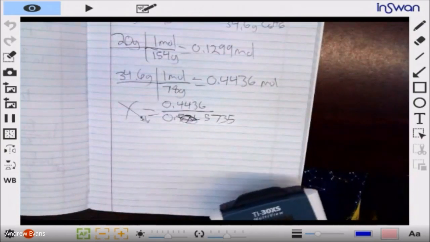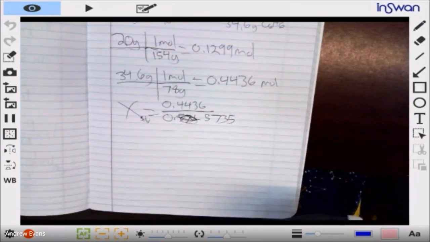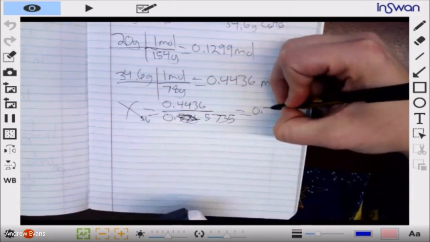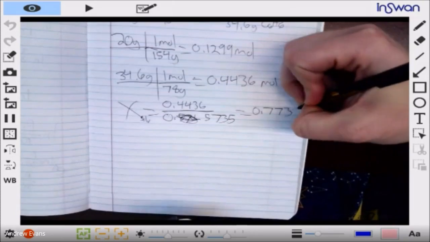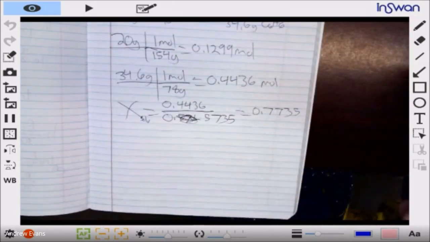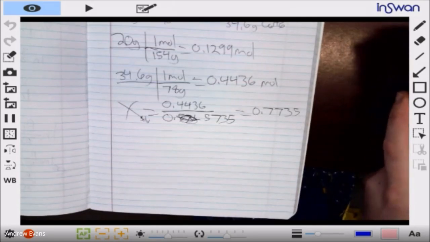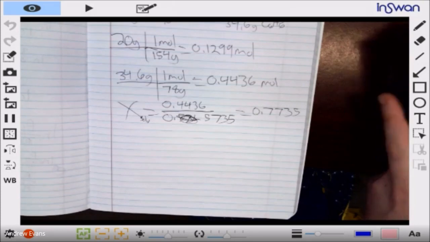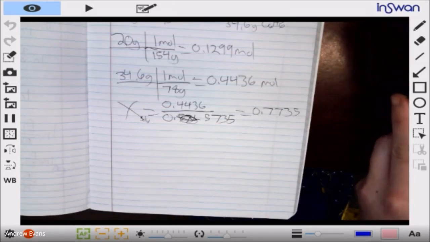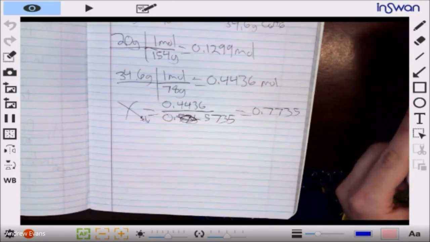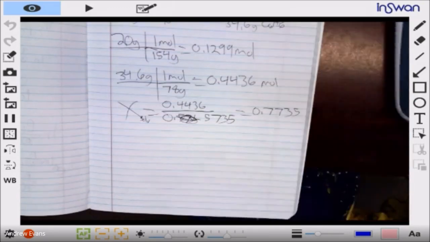So our mole fraction is 0.4436 divided by 0.5735. The fraction is 0.7735. That is the fraction out of 100%, the fraction out of 1 that the solvent contains. So if I did the mole fraction of the solute, 1 minus that would give us that answer.